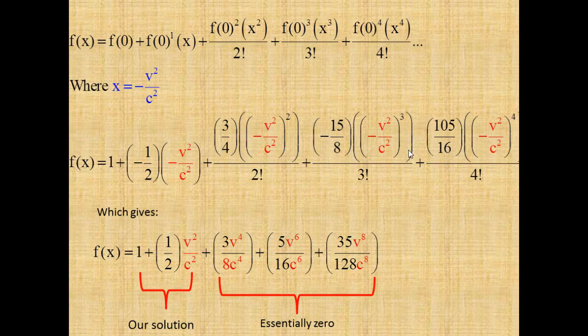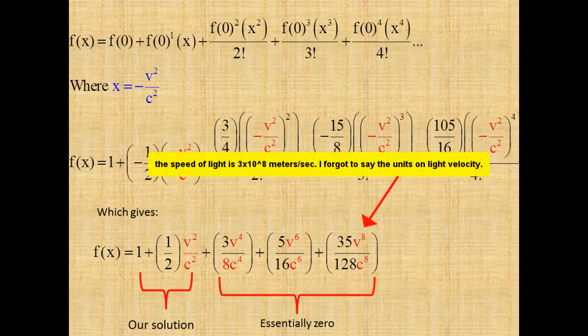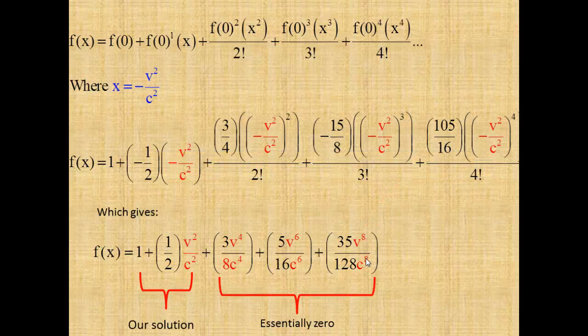So essentially, after we multiply these out, these numbers here become very small, because you see we have the speed of light raised to the power of 8, and the speed of light is 3 times 10 to the 8th, or 186,000 miles per second, raised to the power of 8, which is a huge number.